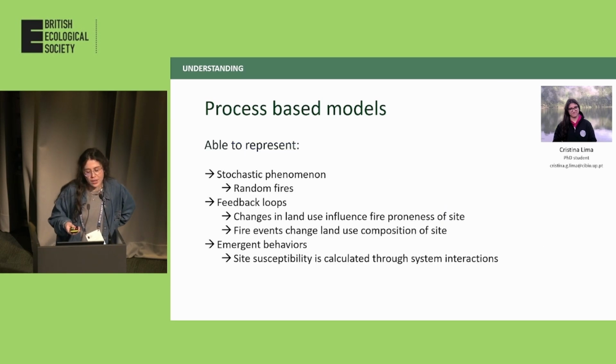And also these kinds of models are able to represent stochastic phenomena, so in this case random fire events, feedback loops, so how land use influences the site proneness to fire, but also how fire influences land use, and then also emergent behaviors. And so, for example, in this case, we can calculate site susceptibility to invasion through the system and the model interaction with the submodels, basically.